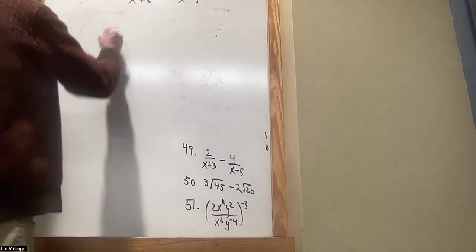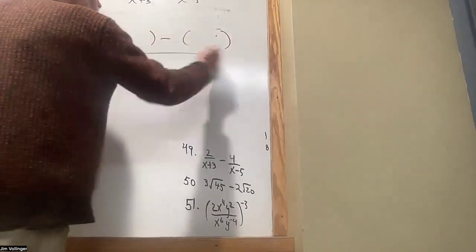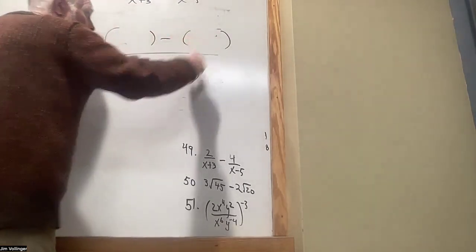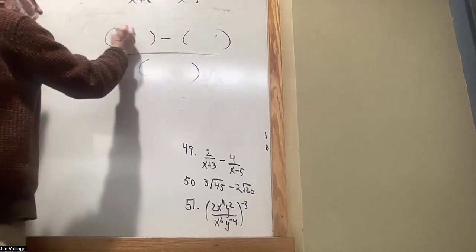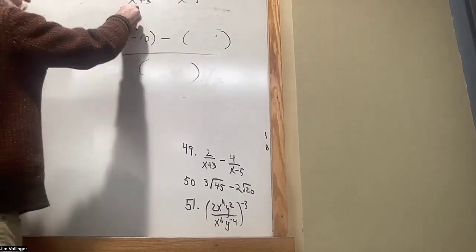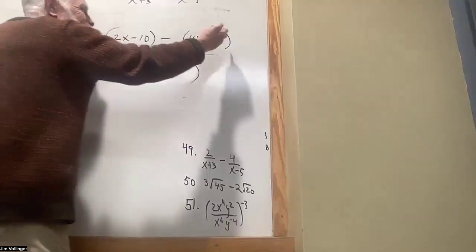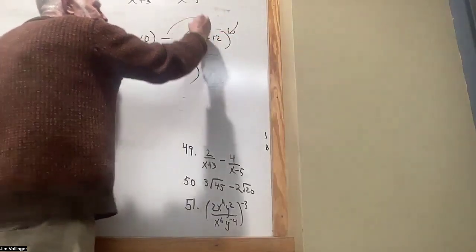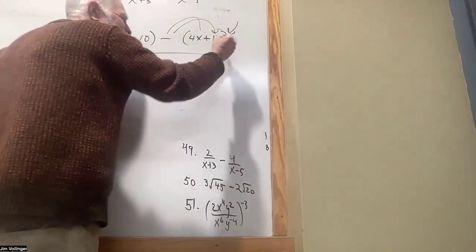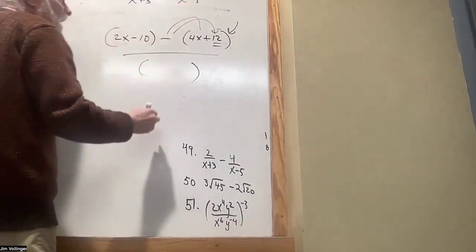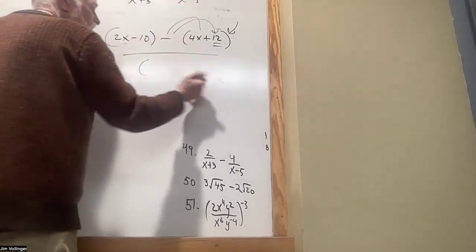God help me. Parentheses minus parentheses over parentheses. You don't have to do any of these parentheses except really that. 2 times x minus 5 is 2x minus 10. X plus 3 times 4 is 4x plus 12. Why am I stressing this parentheses? Because I have to subtract both terms, and people always butcher that. So x plus 3 times x, actually, in this case, this is a little different.